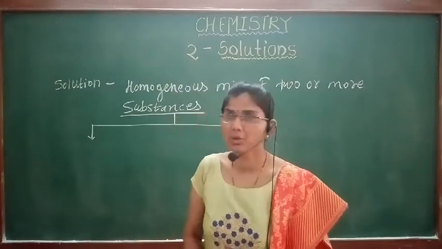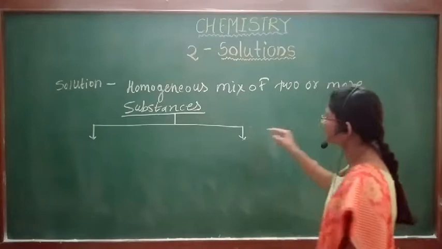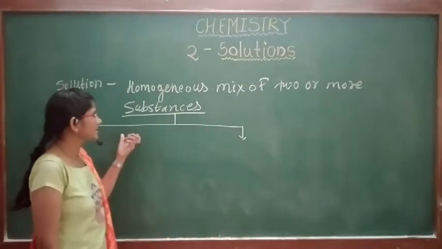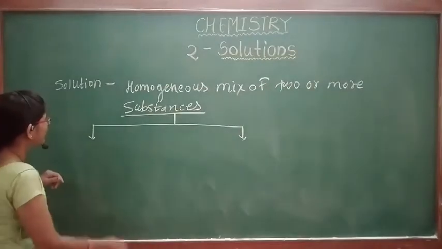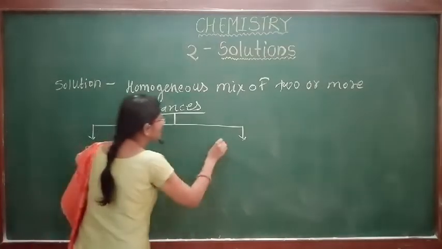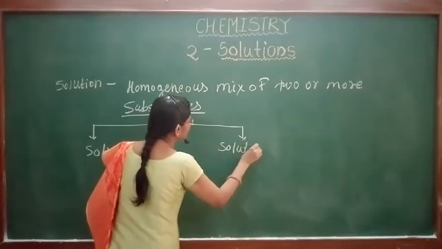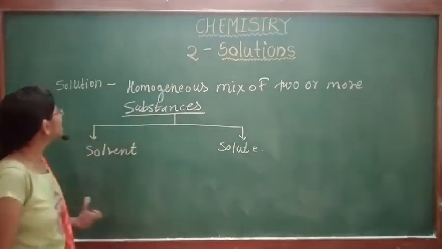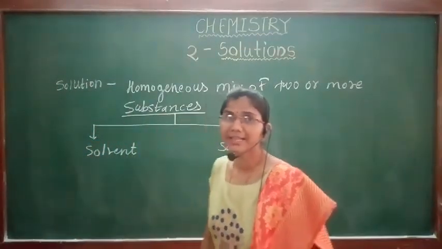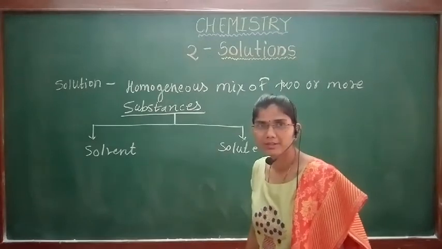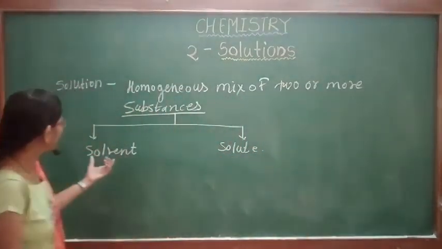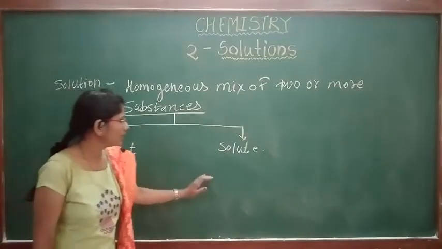So the solution is a homogeneous mixture of two or more substances, and therefore the word substances means it contains a solvent and solute. So the solution is formed from solvent and solute. What are solvent and solute?